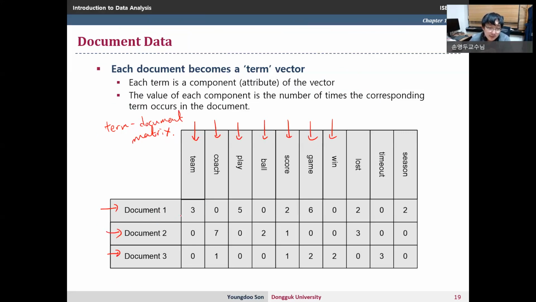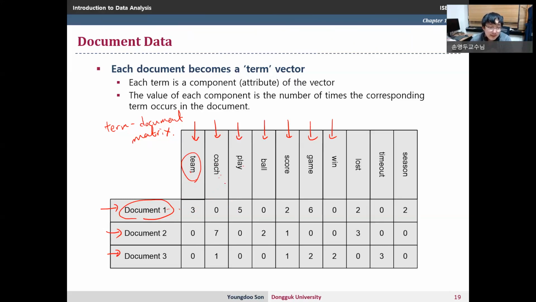So, okay, let's first see the definition. Here the attribute values mean how many times this term is present in this document. So here it means that the word team is present 3 times in document 1, and the word coach does not appear in document 1.